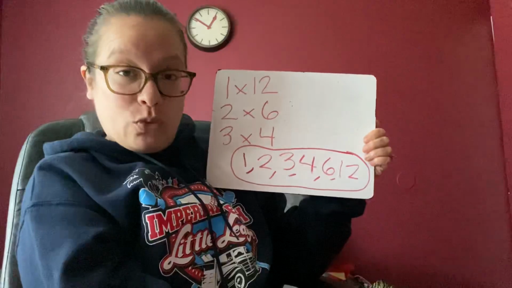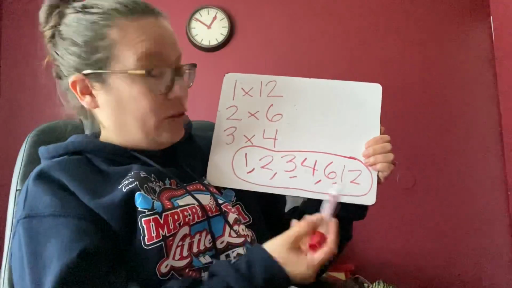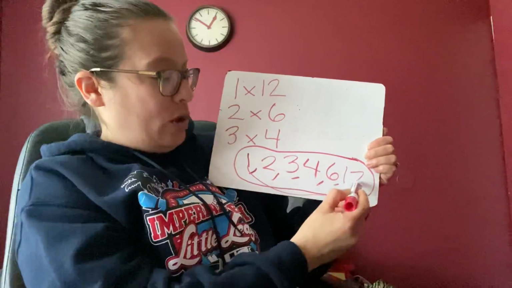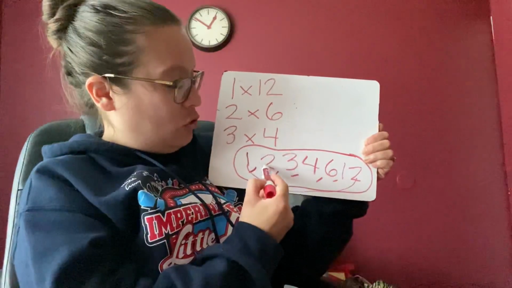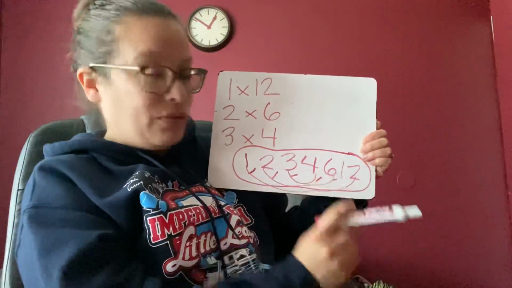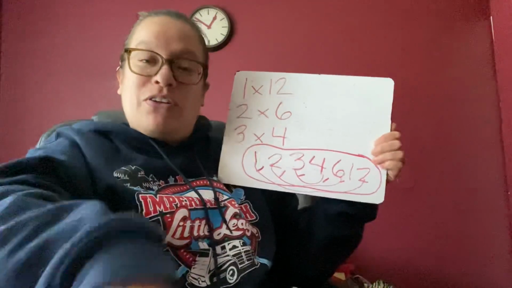Now look at this. This is kind of why you put them in order too. 1 times 12 is 12. 2 times 6, 12. 3 times 4 is 12. Those are the factors.